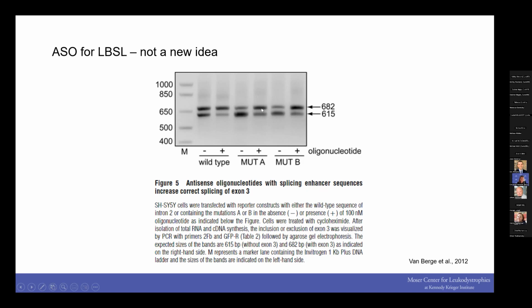So this is similar to what we had before, where you're including exon 3 or having exon 3 excluded. If it's a bigger band or a bigger size, then we're including exon 3. So if they add this oligonucleotide, they can actually improve the number of transcripts that include exon 3 and increase, hopefully, protein production.